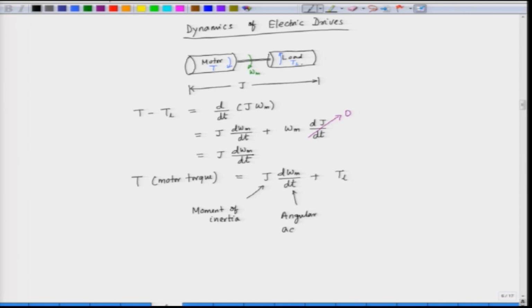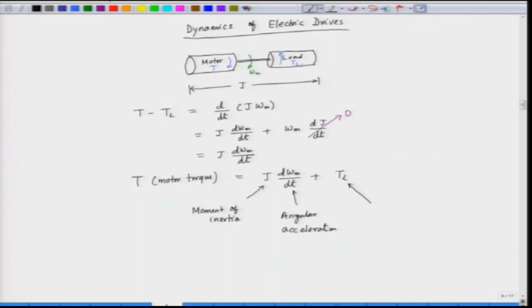Omega m is the speed, and the derivative of that is the acceleration, angular acceleration. And what is TL? TL is the load torque. So, this is an important equation which is valid in the steady state as well as in the transient condition.